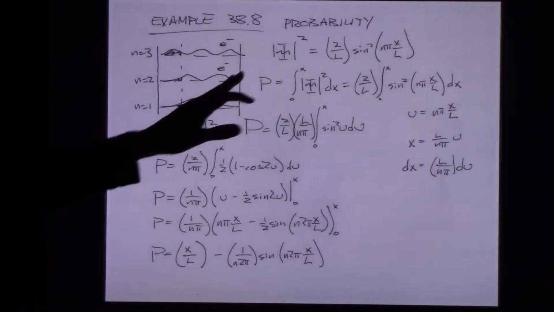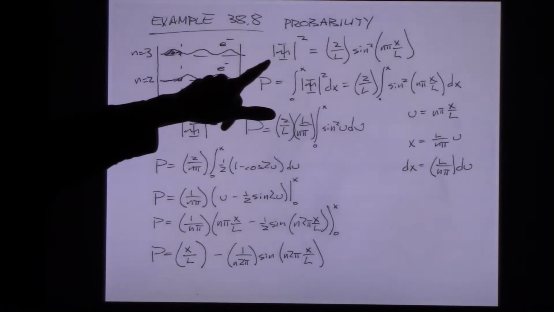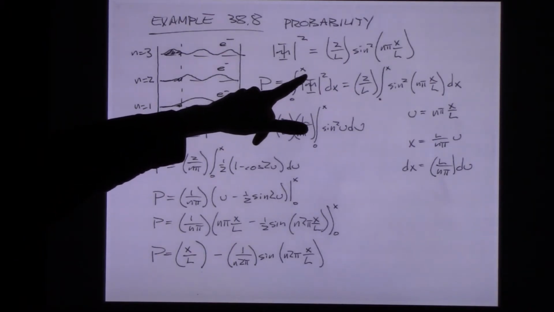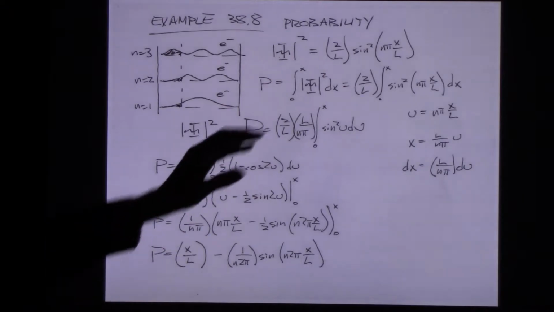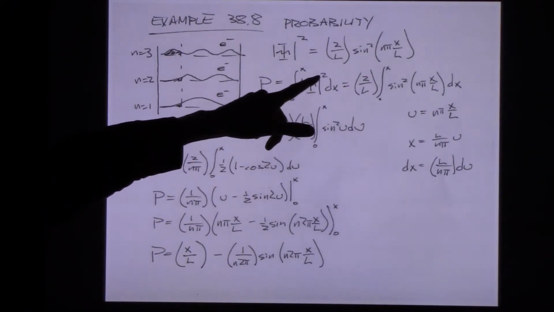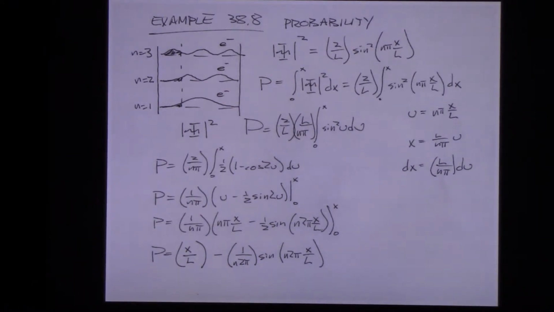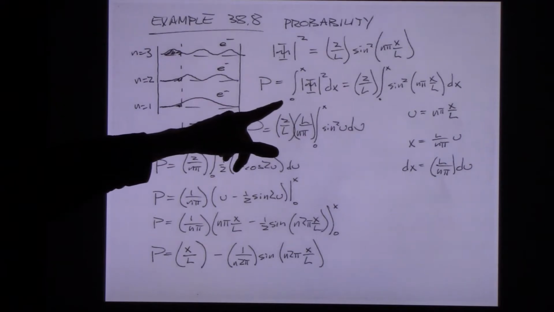So let's try it. Here is an expression that works for every one of the wave functions. For a probability distribution, I've got 2 over L. They all have the same normalization constant out front. And then there's going to be a sine squared of n pi x over L. And so the probability can be calculated now by going from 0.